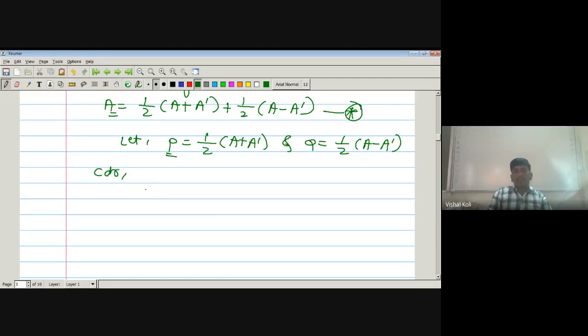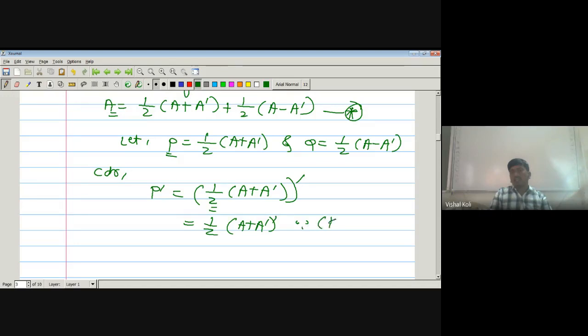Consider P transpose. P transpose is nothing but transpose of 1 by 2 (A plus A dash), which is nothing but, as we have seen in the property of transpose of a matrix, K into A transpose is nothing but K into transpose of only the matrix A. Here 1 by 2 is a scalar K, which is nothing but 1 by 2 (A plus A dash) transpose.